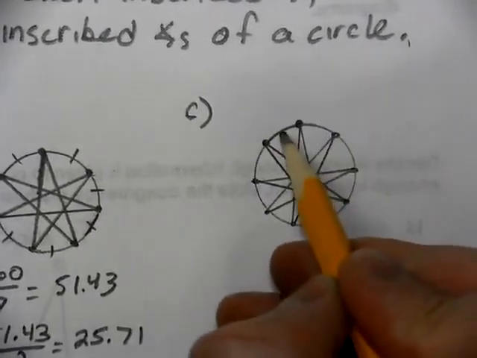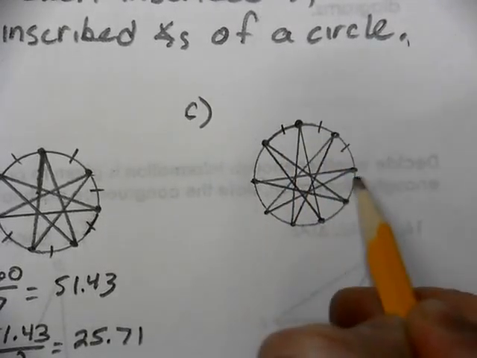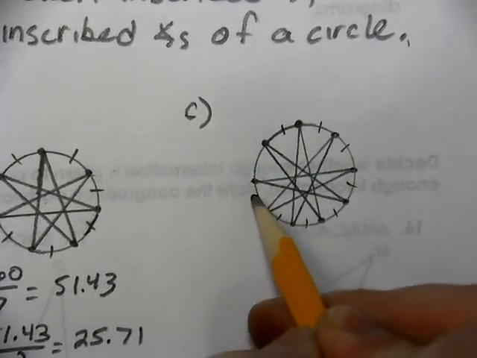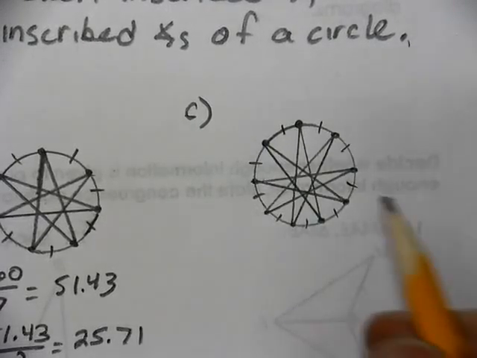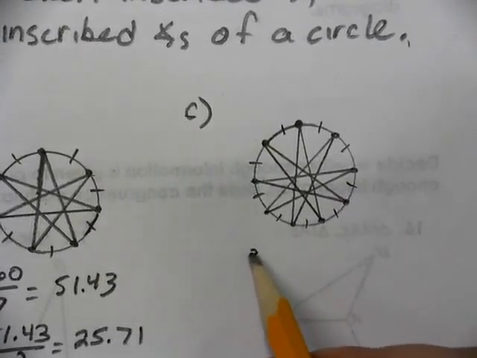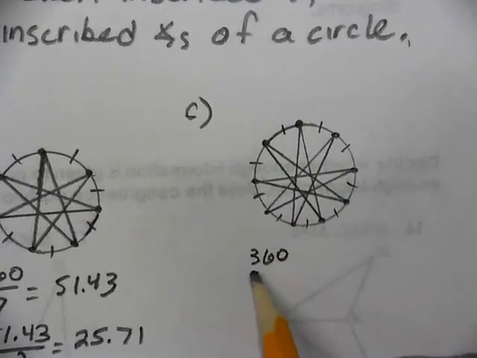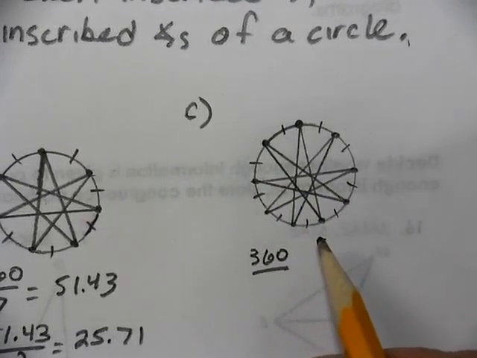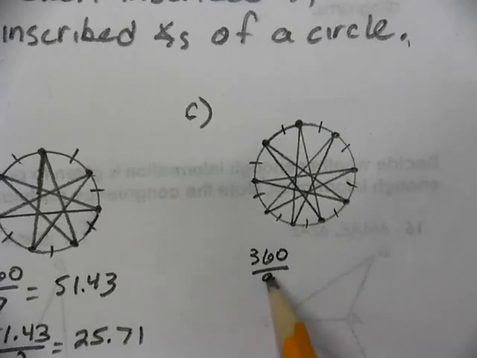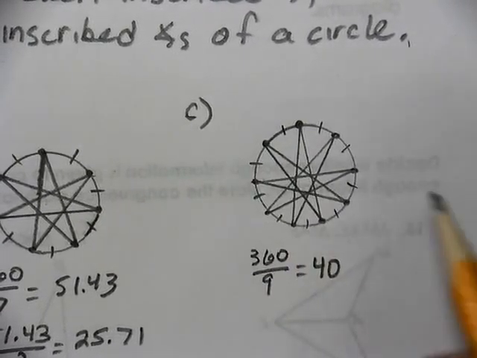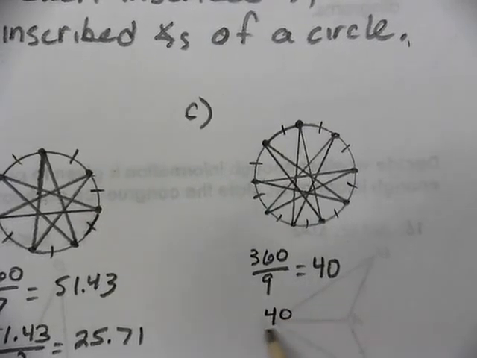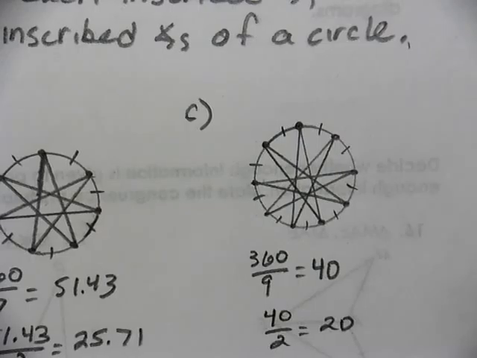For letter C, we have 1, 2, 3, 4, 5, 6, 7, 8, 9 arcs that are supposed to be all the same size. So we know it's 360 all the way around the circle. We have our 9 arcs, so that comes out to be 40 degrees for each arc. The inscribed angle is going to be half of that.